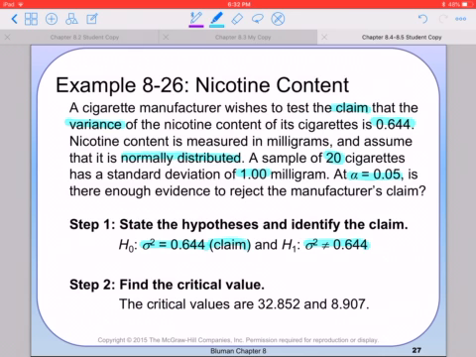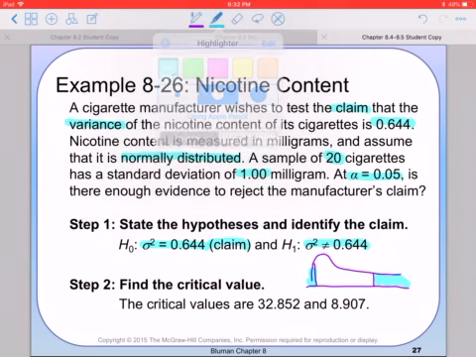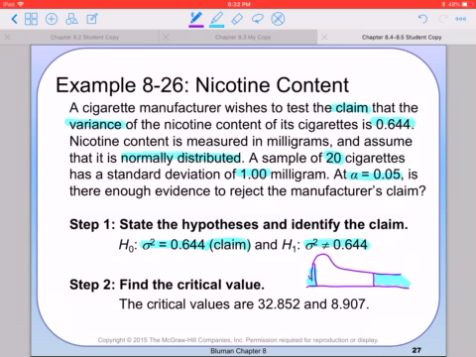We've got to find our critical values. Remember, for our chi-squared test, we draw a skewed one. It's a two-tailed test, so we have two tails here. We have our alpha is 0.05, so we have to split our area in two. There we are.